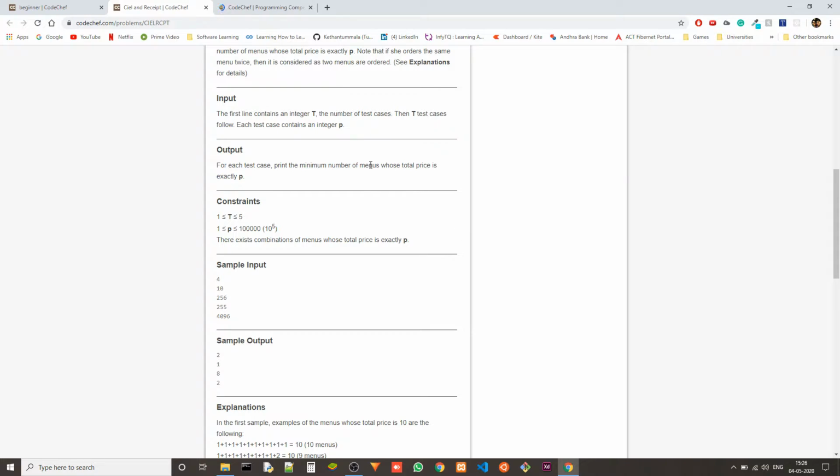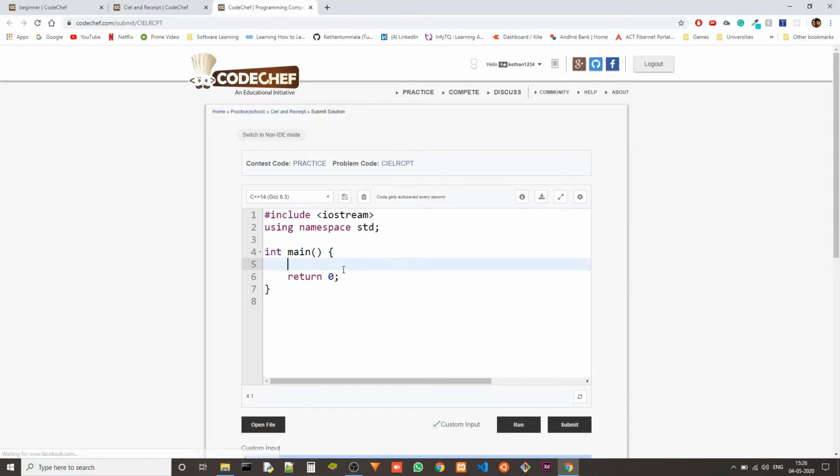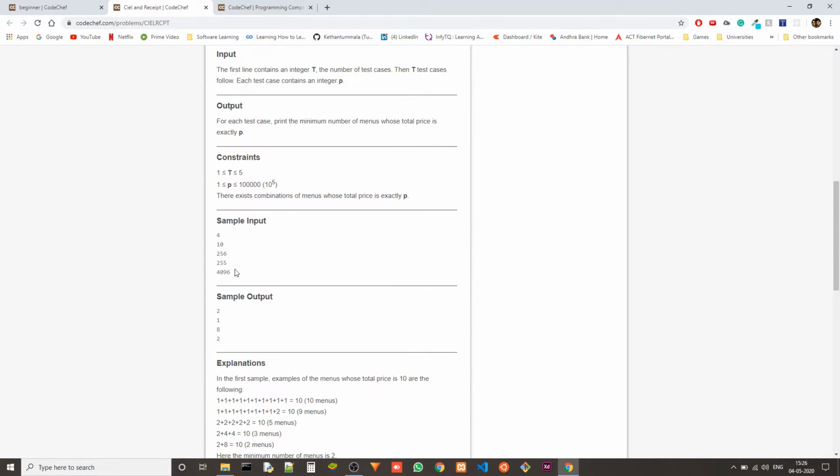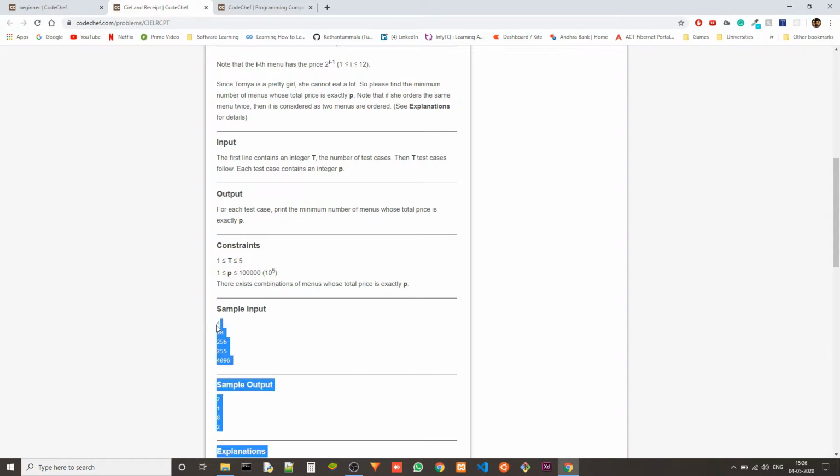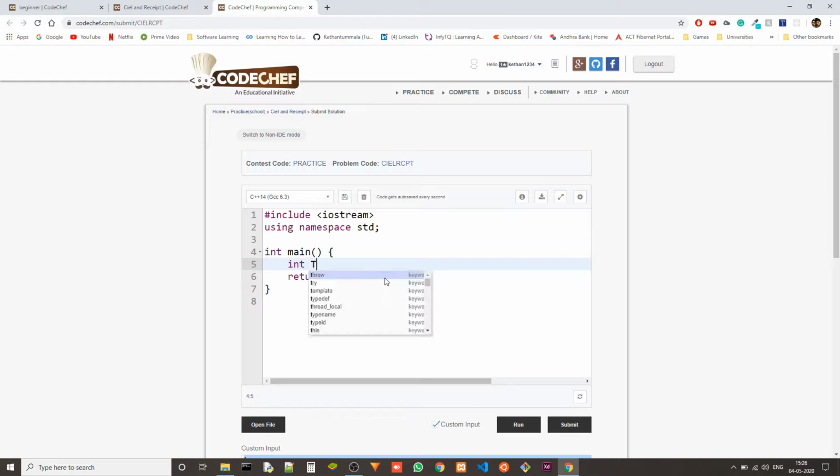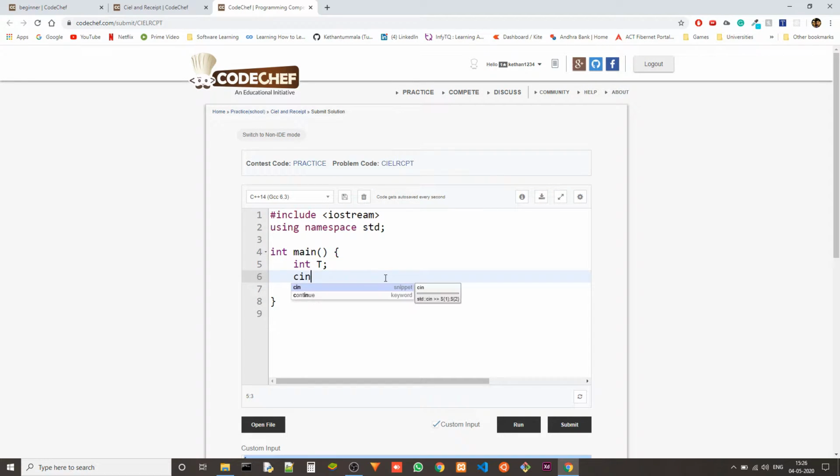I think I better code now, and after coding I'll show you the best solution that I came up with. We have test cases here. That's why I didn't take 4 as the first input, because 4 is the number of test cases. Let's say int t, cin into t, and then we run a loop to go through each test case, i equal to 0, i less than t.